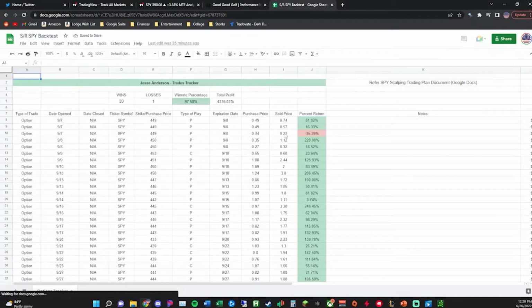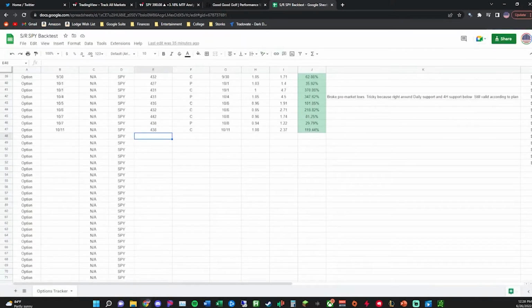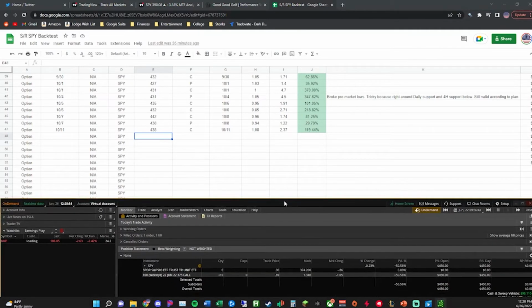So then I would go into my SPY backtesting sheet. I would look for what contract I bought, and this is just so that if you ever want to go back, not necessarily audit yourself, but just see what maybe you were looking at on a win to ground yourself again.